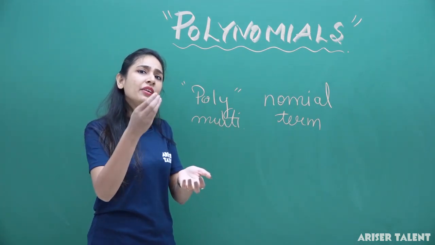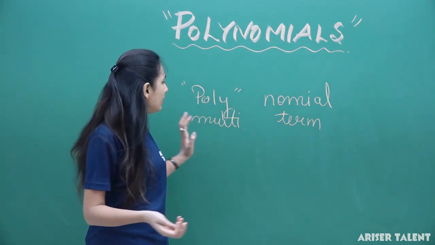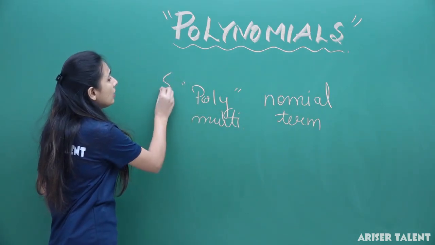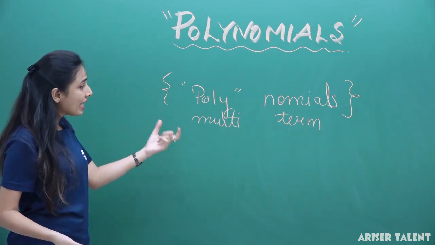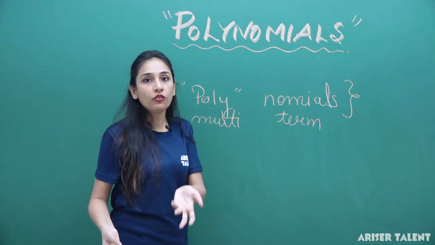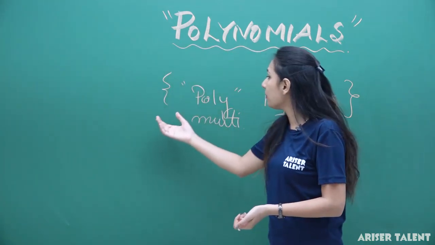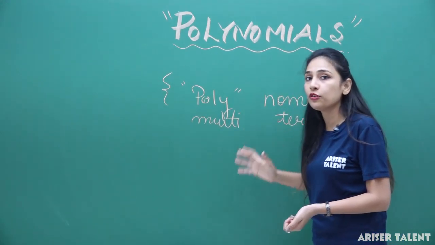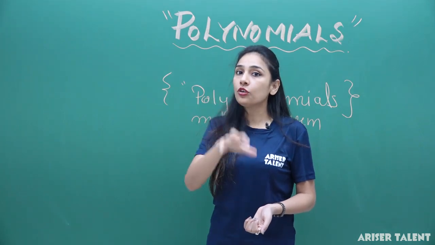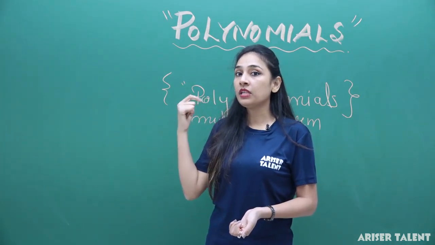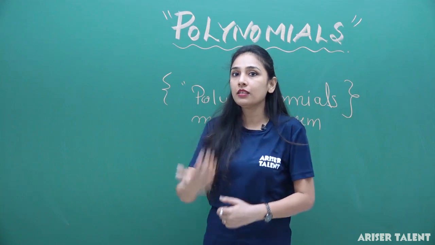But in case you are having 2 or 3 or 4, that will always be termed as polynomial. So either it's having one term or obviously more than one term, by name it's specified that it's polynomial for sure. Now I am again and again repeating term.